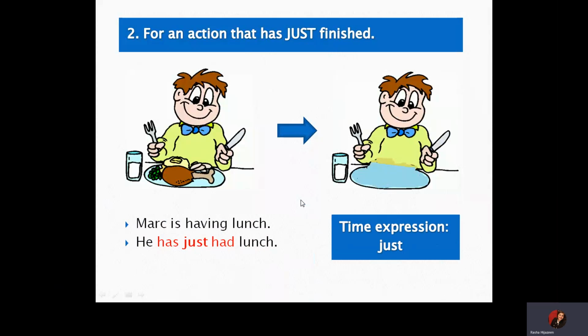Okay, let's move to another use or another example. Number 3. We use present perfect simple for an action that started in the past and hasn't finished. Action started in the past and hasn't finished.